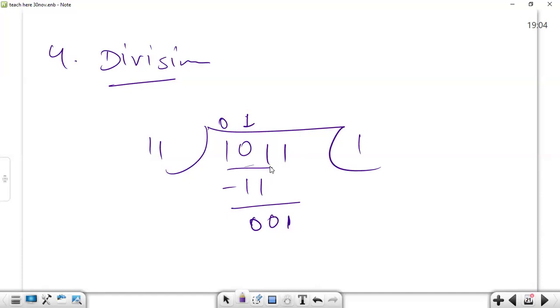So 1 gets subtracted from 1 and becomes 0, then 0 cannot be subtracted, so it has to be 0 0 1. Now if we discuss it further, can it be multiplied by any multiple of 11 to become this 1?